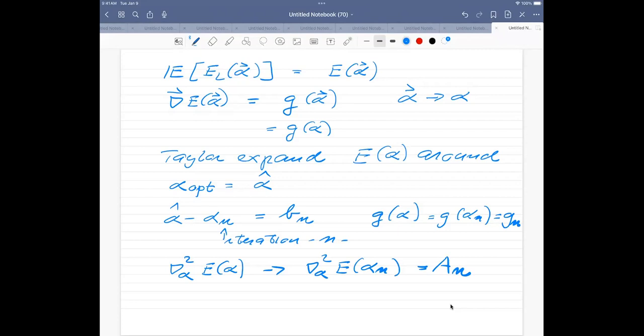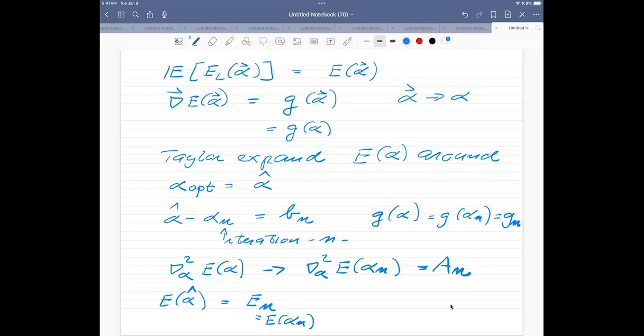And if I now do an expansion, it means that I'm Taylor expanding E of alpha around that point. So this is going to be given by E of alpha n. And I'm going to introduce a new one: E n is the same as E of alpha n. So this is my optimal value.